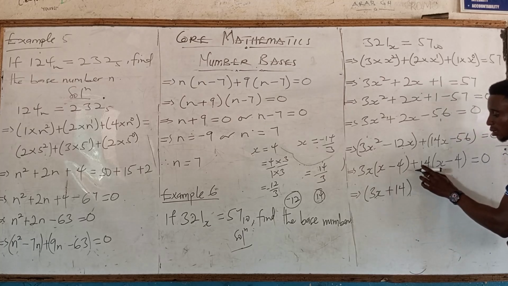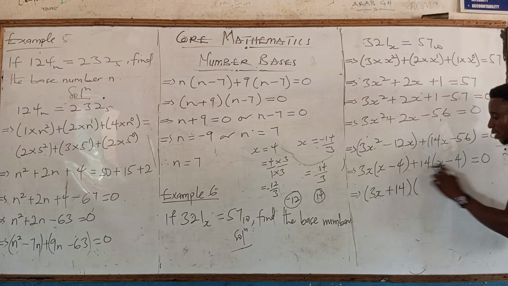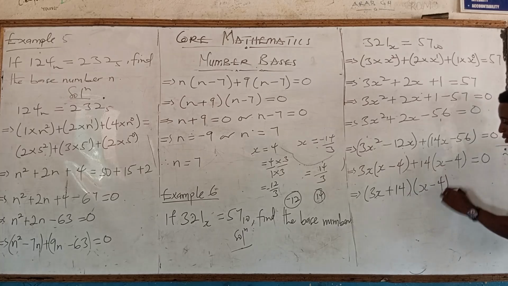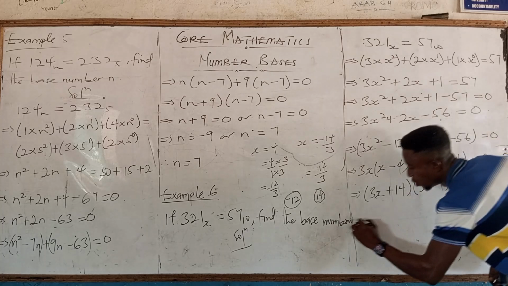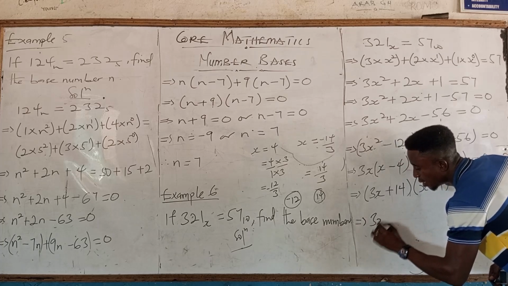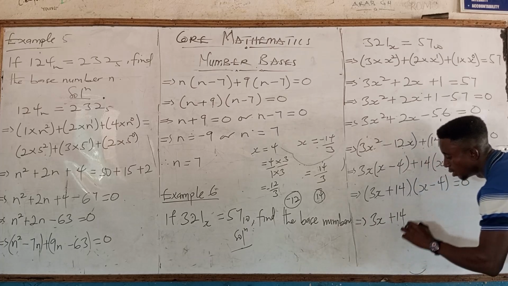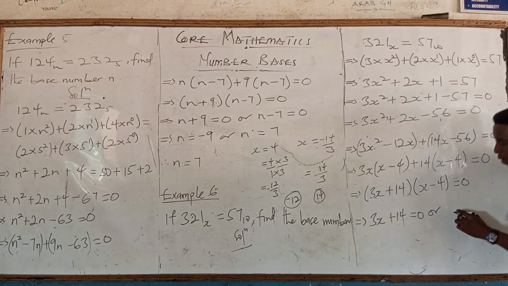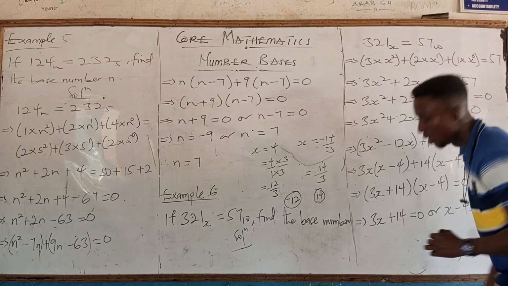Are we getting that? Then multiplying, we take one of it, x minus 4, which is equal to 0. And as usual, we see what? It's either 3x plus 14 is equal to 0, or x minus 4 is equal to 0. Are we okay?